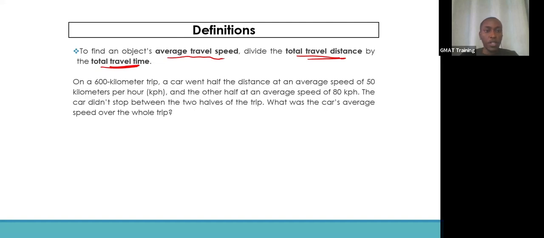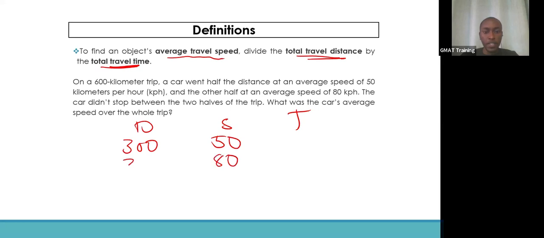Here's a question. On a 600-kilometer trip, a car went half the distance at an average speed of 50 kilometers per hour. Okay, so we have distance, speed, and time. The car went half the distance, that's 300 kilometers, at an average speed of 50 kilometers per hour, and the other half, 300 kilometers, at an average speed of 80 kilometers per hour.